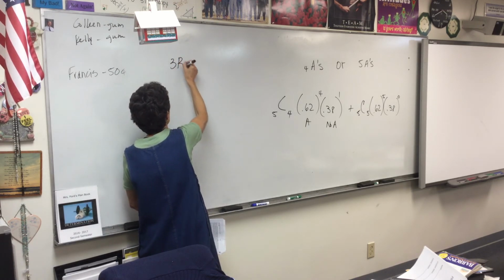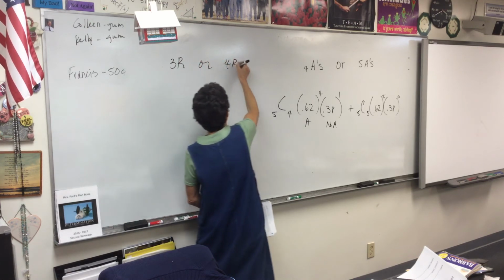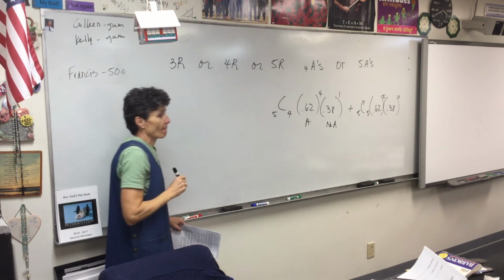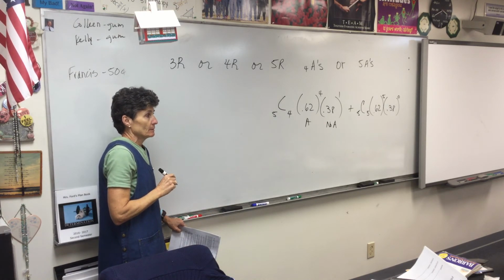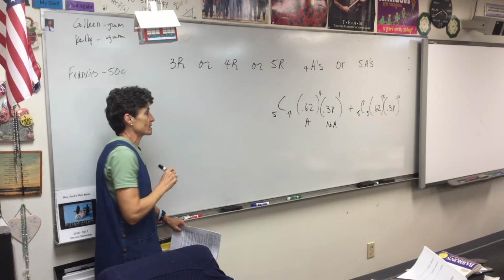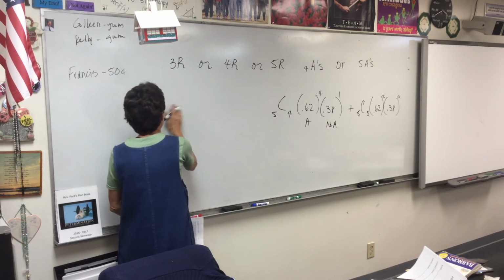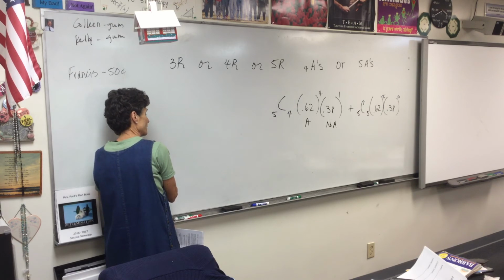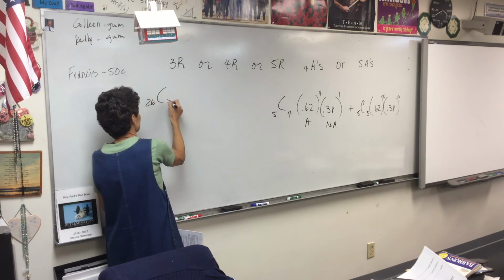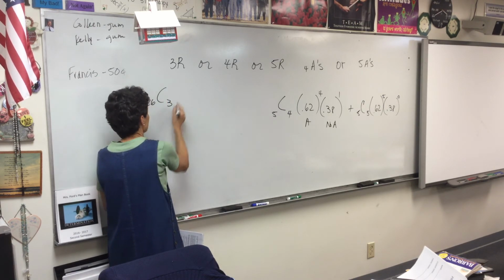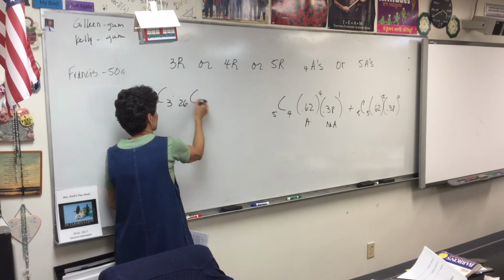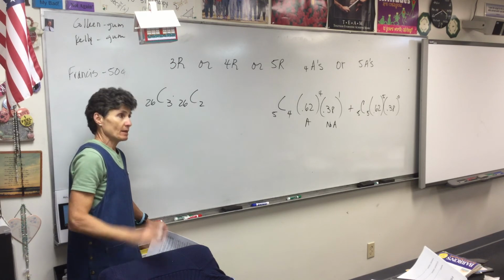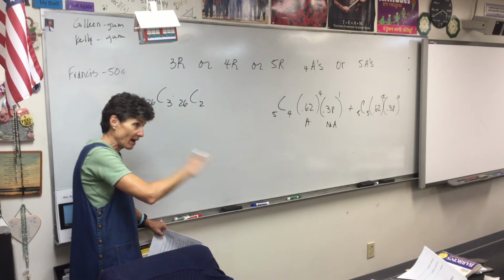It means 3 red, or 4 red, or 5 red. Let's do 3 red. I need a 5-card hand that has 3 red: 26C3, there's my 3 red, and 26C2, there's my 2 black, because I need 5 cards.